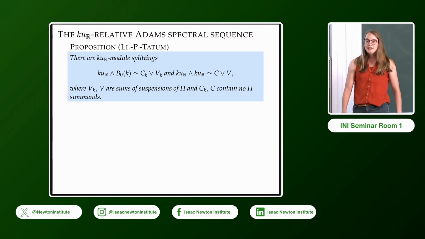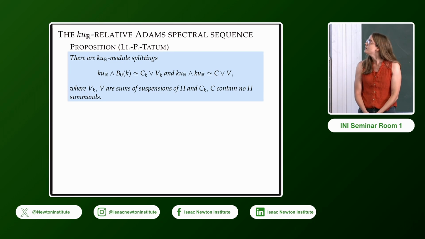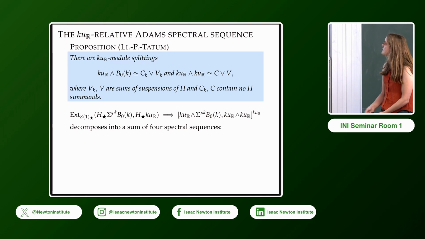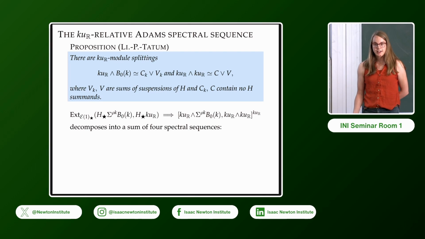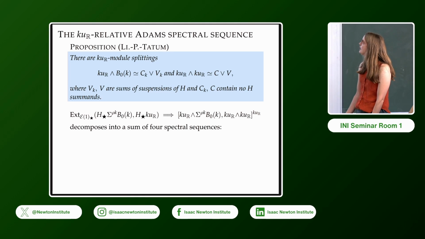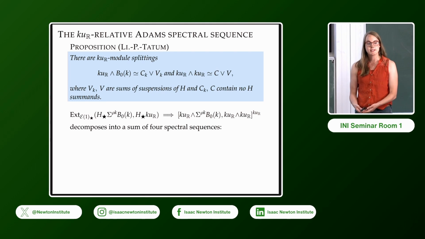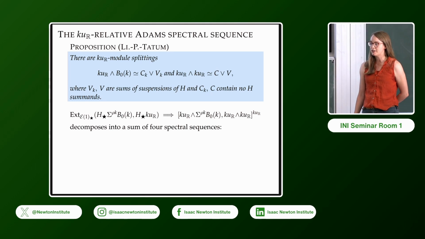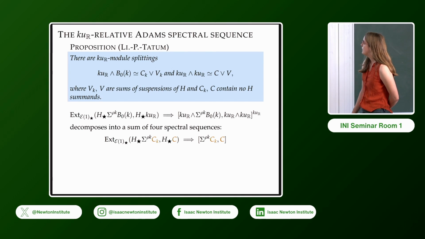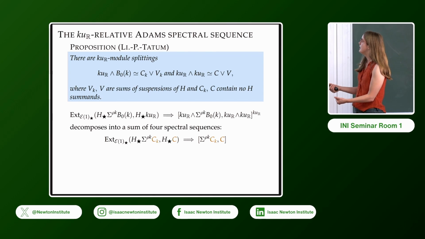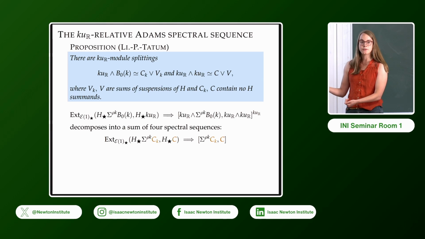And what this proposition allows us to do is then take the KU_R relative Adams spectral sequence that we're interested in and decompose it into a sum of 4 simpler spectral sequences. So one with the parts C_k and C, so we get one of these for each k.